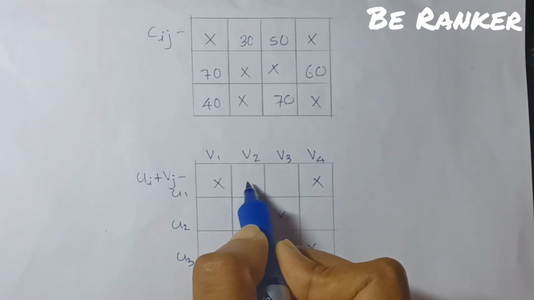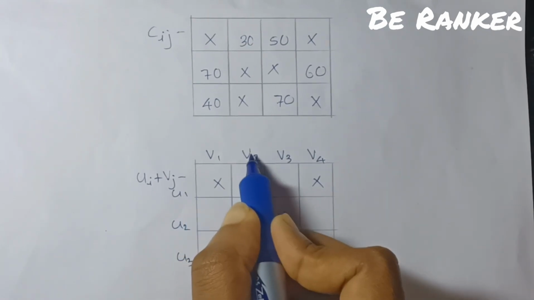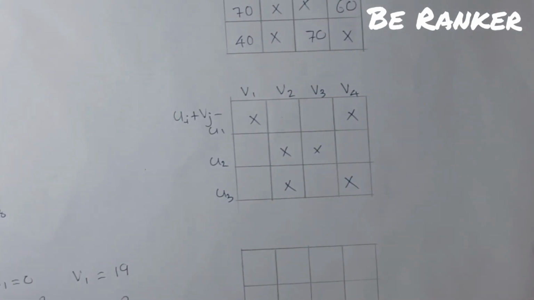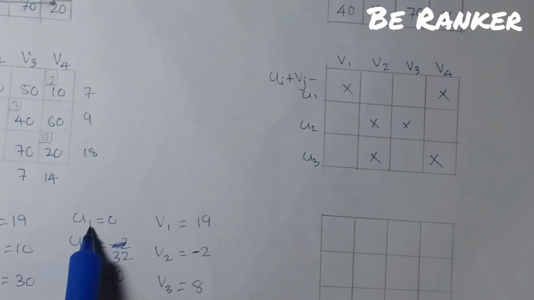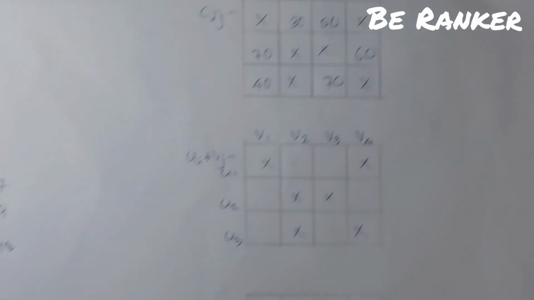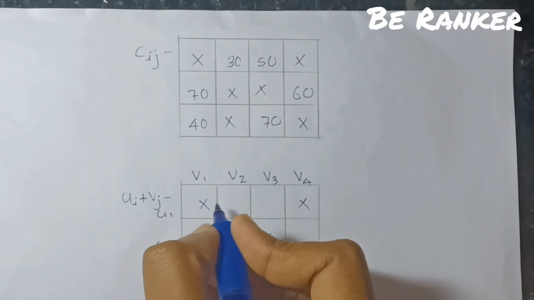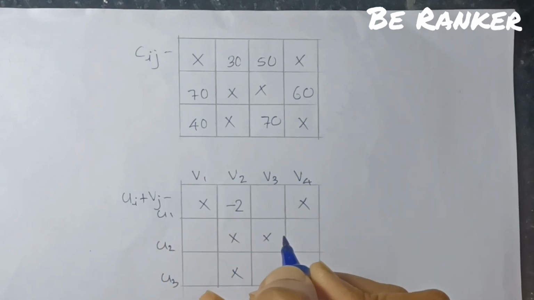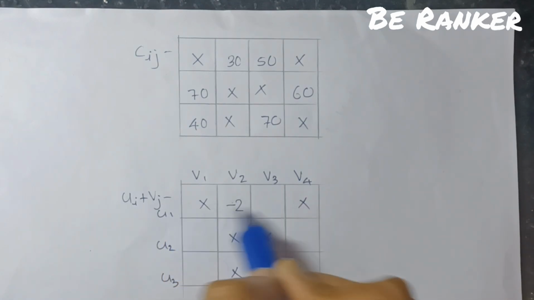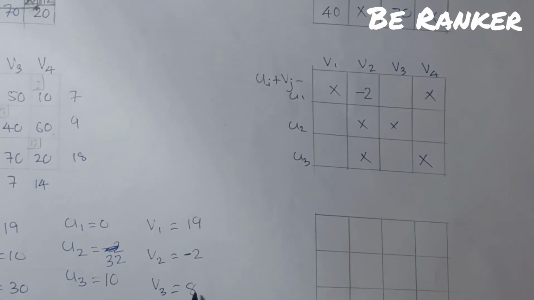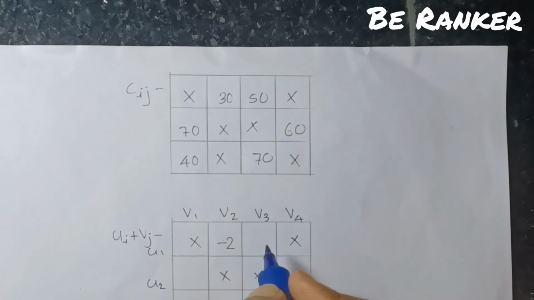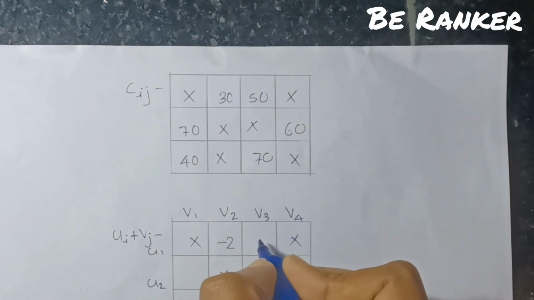Here to write this value, I add U1 plus V2. U1 is equal to 0 and V2 is equal to minus 2. So it is minus 2 here. Then next is U1 plus V3. U1 is equal to 0 and V3 is equal to 8. So 0 plus 8 is equal to 8.